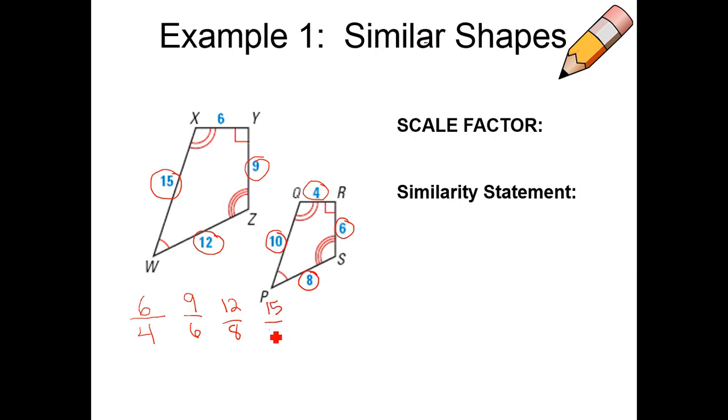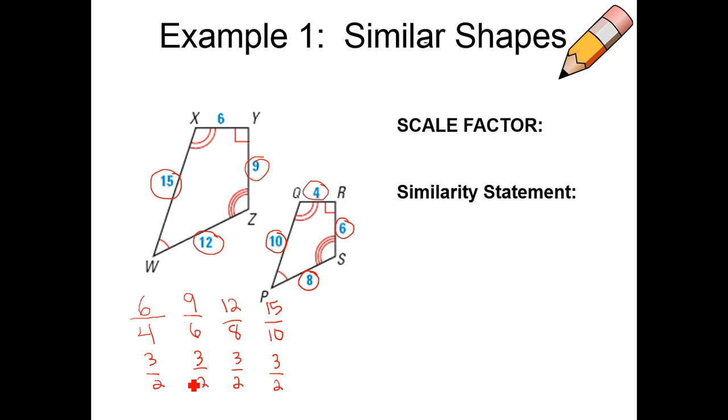So when I make all these ratios to determine if you have similar polygons or similar shapes, you want to make sure that these are all the same reduced fraction. If I reduce 15 over 10, I get 3 over 2. If I reduce 12 over 8, I get 3 over 2. If I reduce 9 over 6, I get another 3 over 2. And if I reduce 6 over 4, I get 3 over 2.